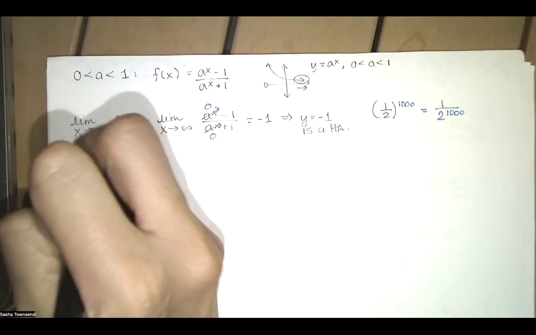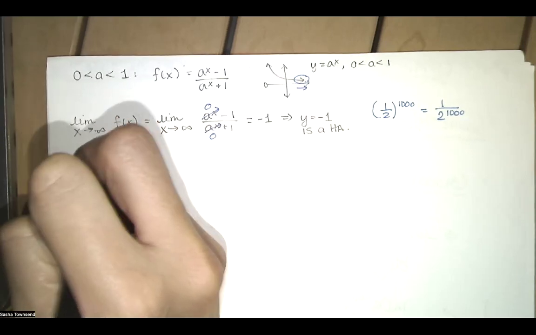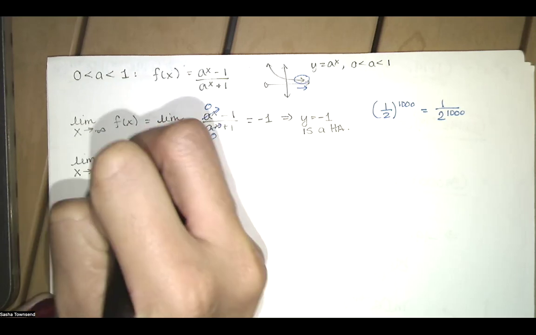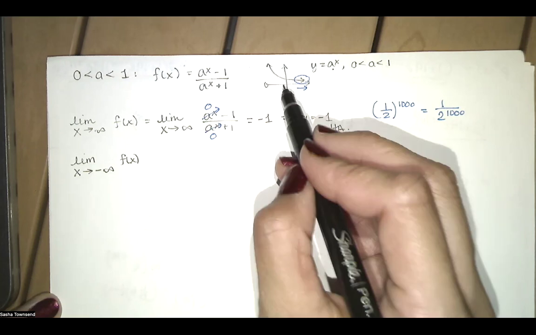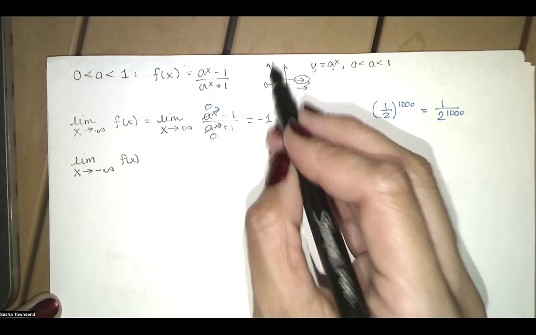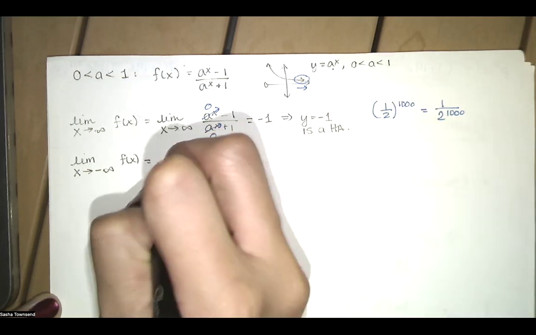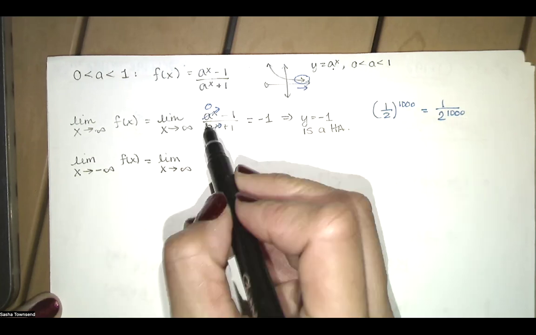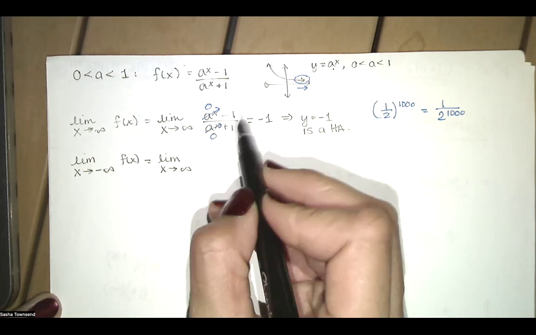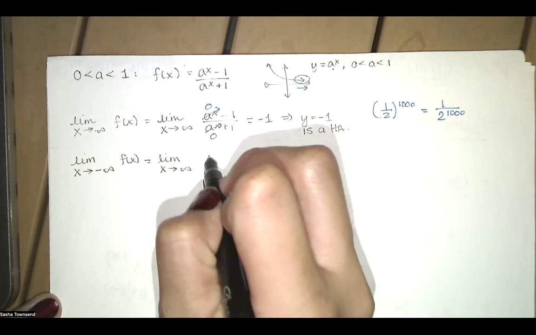And then as we go to negative infinity, if our a is that proper fraction between 0 and 1, the y values go to positive infinity on that graph. And of course, this is just a to the x. Our function f of x is actually a to the x minus 1 divided by a to the x plus 1.